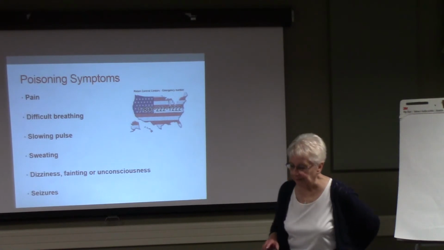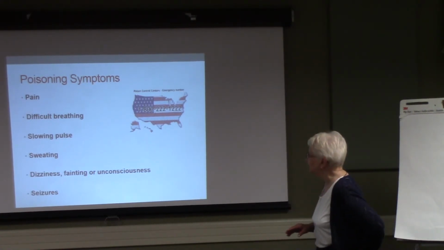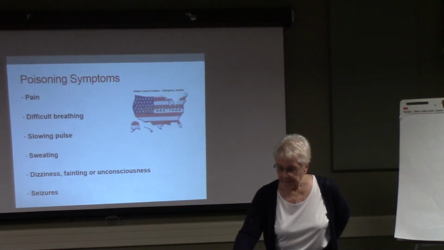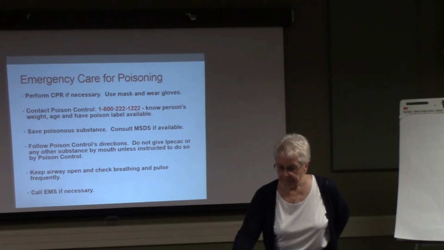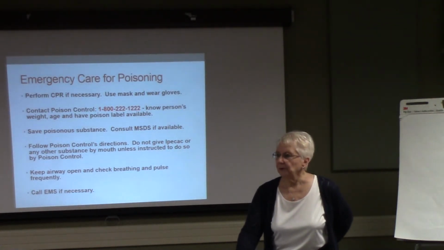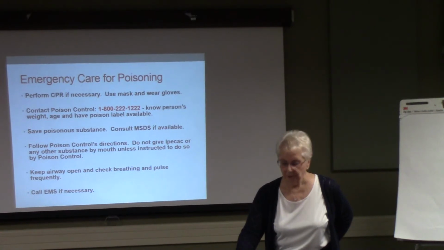Pain, difficulty breathing, slowing pulse, sweating, dizziness, fainting, unconsciousness, and seizures can happen. Do CPR if you need to, use the mask, don't expose yourself. Also gloves, if there's some chemical involved, you don't want to be exposed to it too. Put your gloves on.